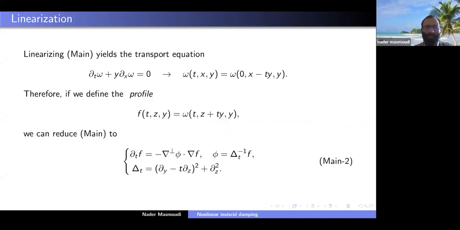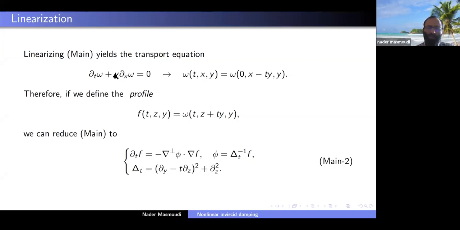When I talked earlier I introduced a new coordinate system, which was z. z was x minus ty. At this level, this was linear. But when you move to the nonlinear problem, you have a part of the velocity that you have to add here, right? That part of the velocity is the zero mode, which is not decaying well enough.